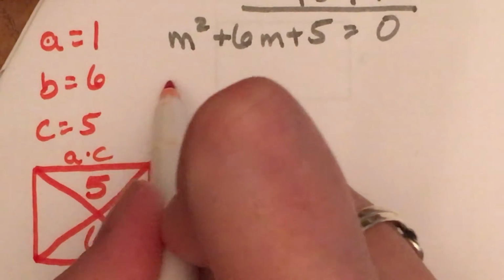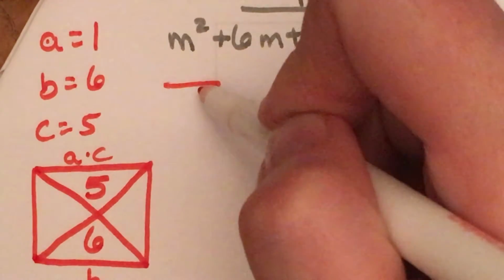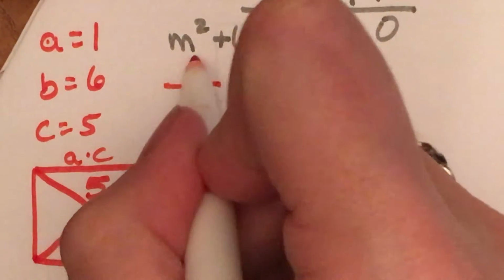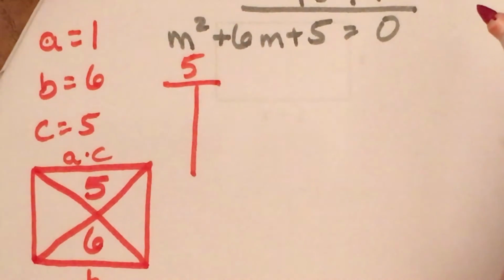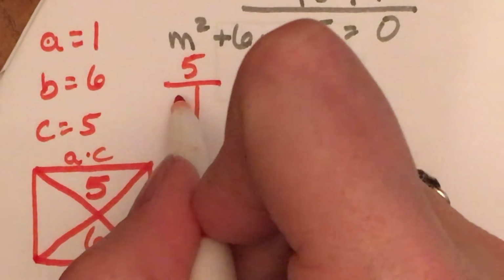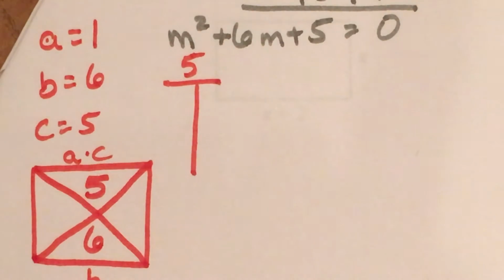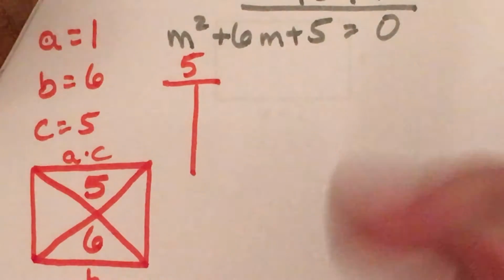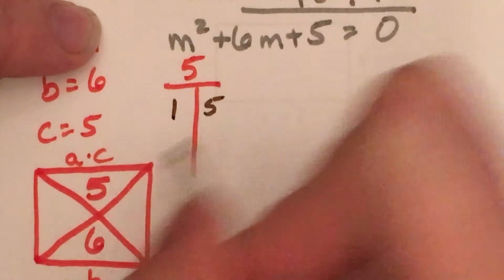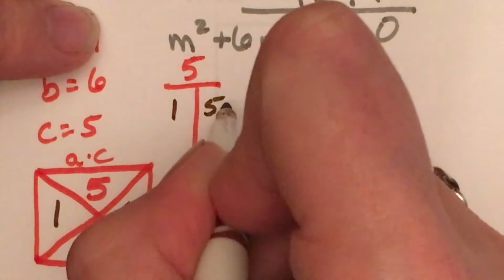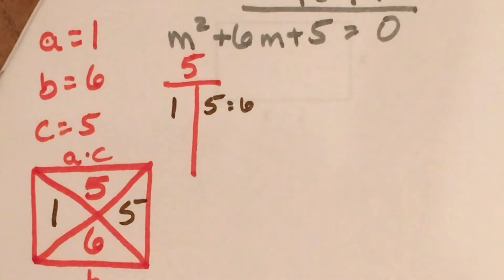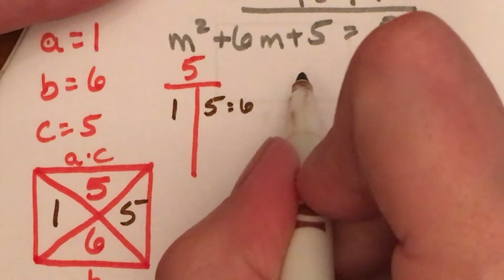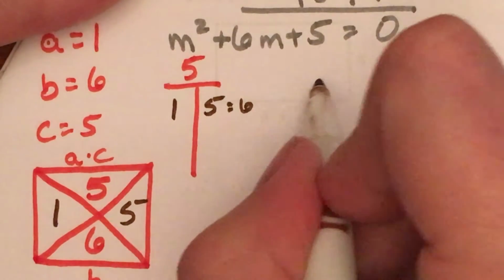Now let's go make my t-table. It's a pretty short t-table. Got to make 5. There are not a lot of options. It's just 1 and 5. And that does have a sum of 6, which is really good. It's what we needed. So let's go build our binomials.